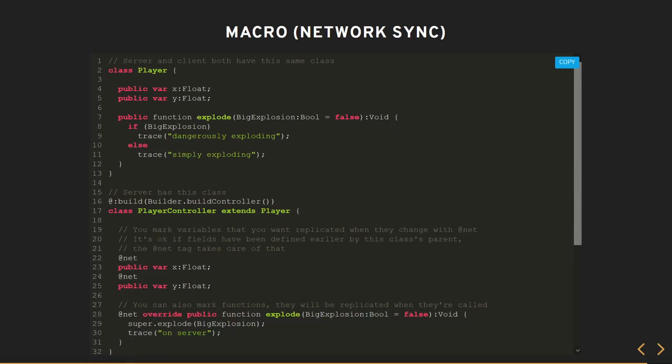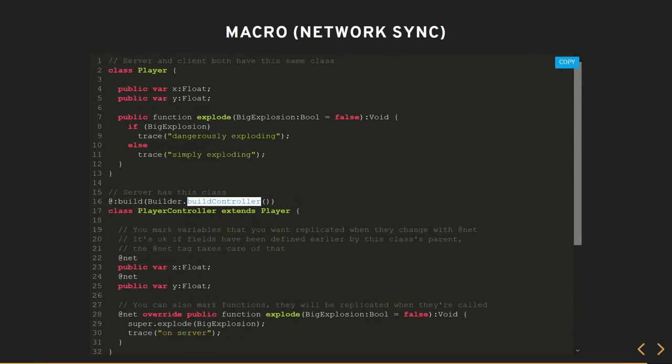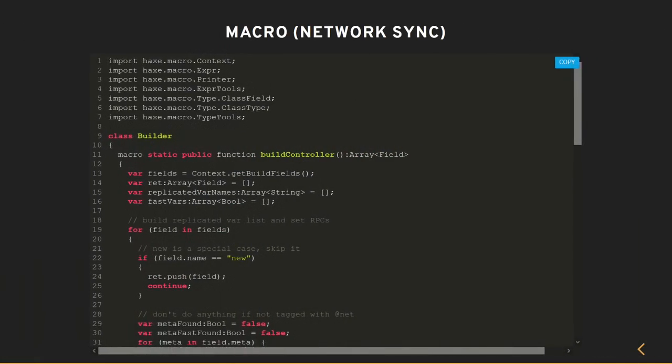Okay, that's fine. So now this is the implementation of our build controller. This build controller is going to have access to the entire abstract syntax tree of the class.